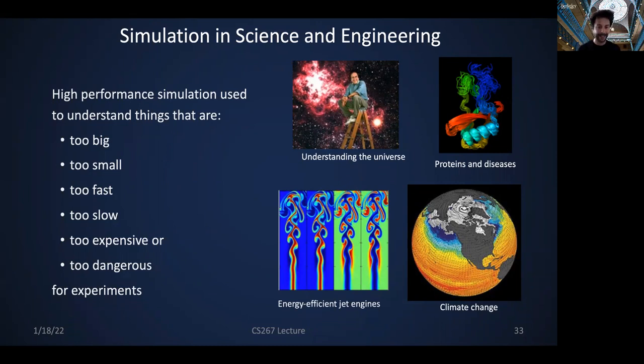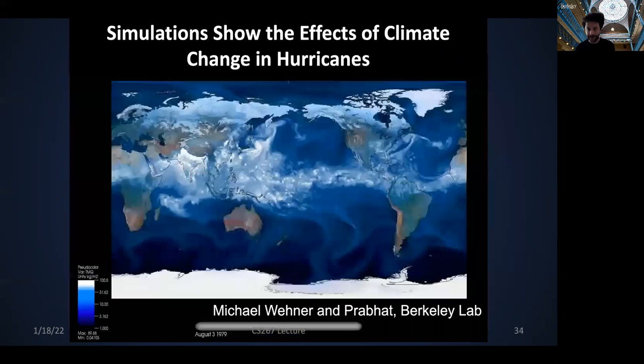We can't go back in time either. Climate change, we have to do forward simulations. We can't wait until post-apocalypse comes. And jet engines, we can't always do the experimentation safely. We have to simulate a lot of these things. Airplanes, before they get certified, they have to do a lot of simulations about what can go wrong, and so on.